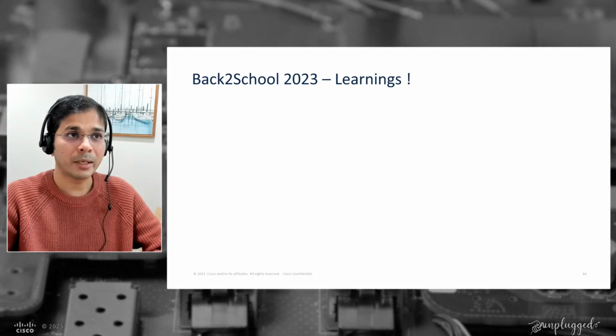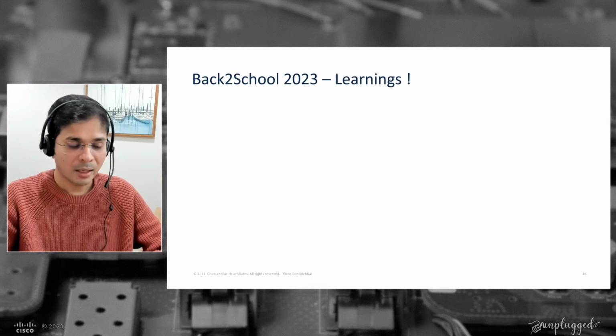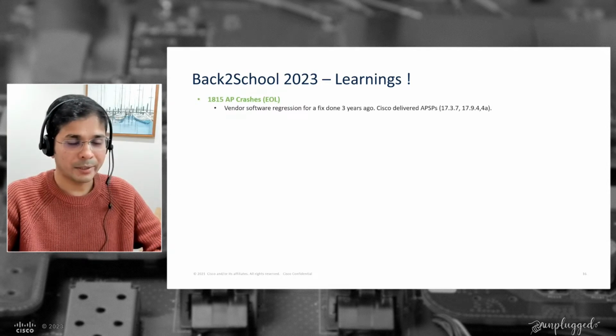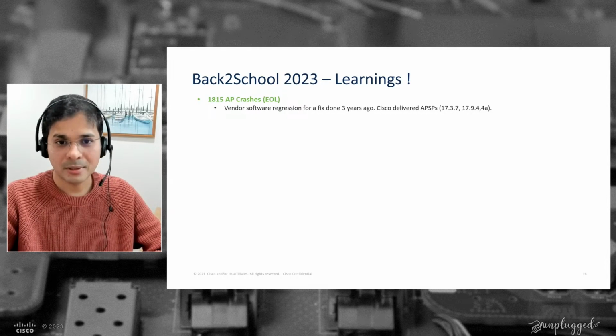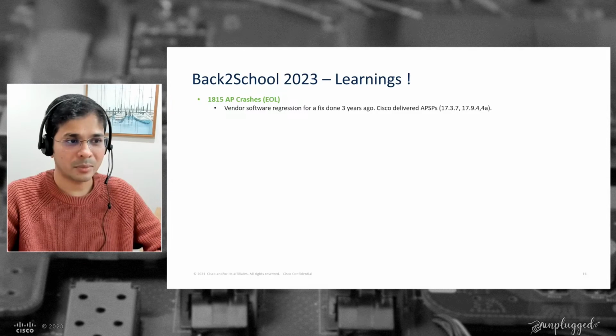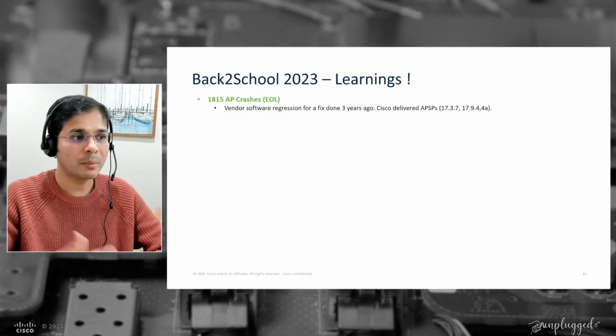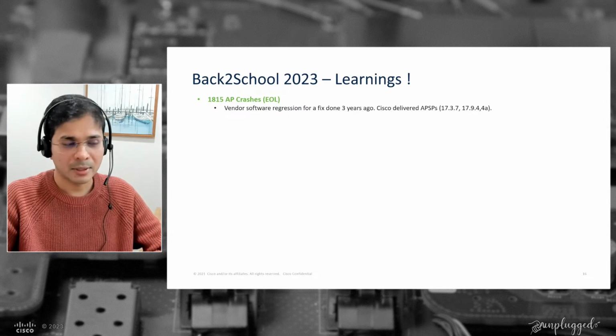I know we've been doing quite a bit of best practices this year, and I wanted to showcase where things were. So first, what we learned, and this was a surprise: we started getting 1815 AP crashes. This was an EOL access point. We got quite a few customers reporting abnormally high numbers of 1815 crashes.